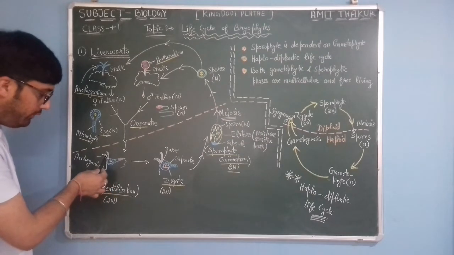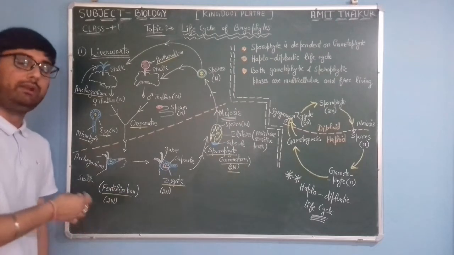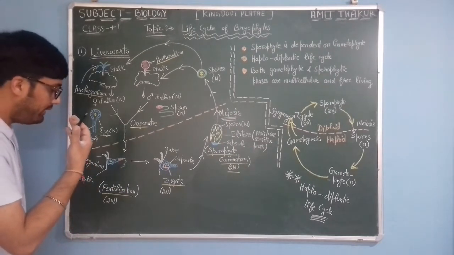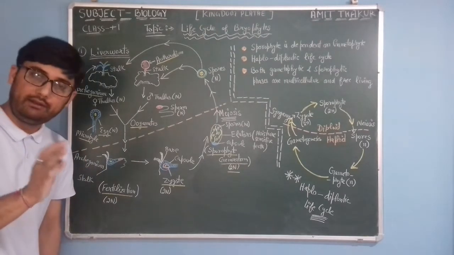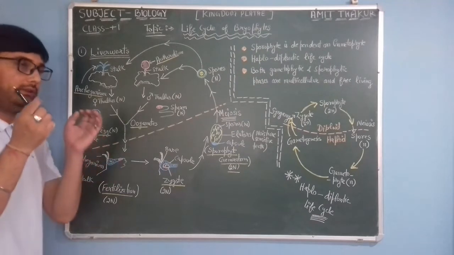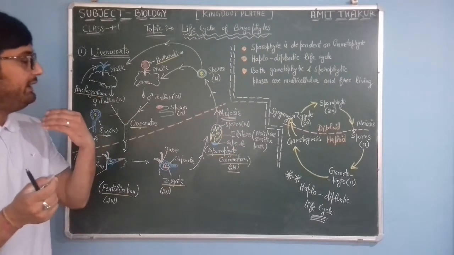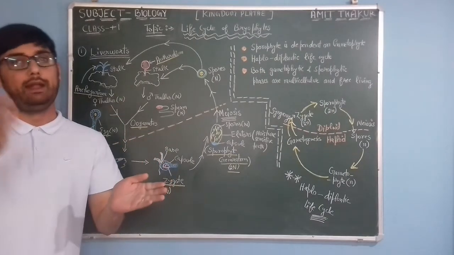So now fertilization is taking place, and as you know, when fertilization takes place, a zygote is formed, and the zygote is a diploid structure, because it is developed from two haploid bodies, the male gamete and the female gamete.